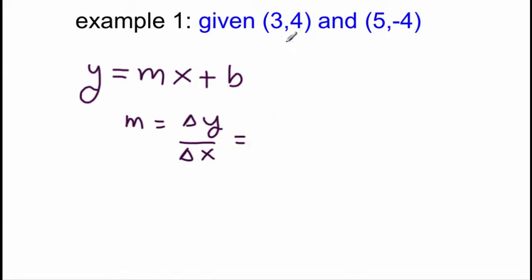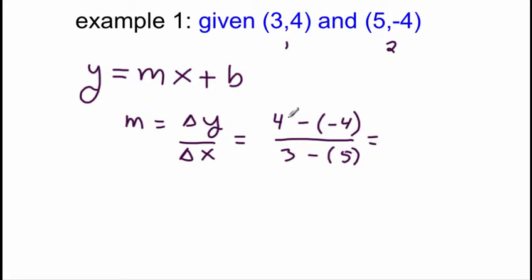So if we think of this as maybe point 1 here and this is point 2, and we take the difference from the y coordinates in number 1, we'll take away the y coordinate in number 2, and then for x we'll do the same thing. We'll take away the x coordinate in number 2 away from the x coordinate in number 1.